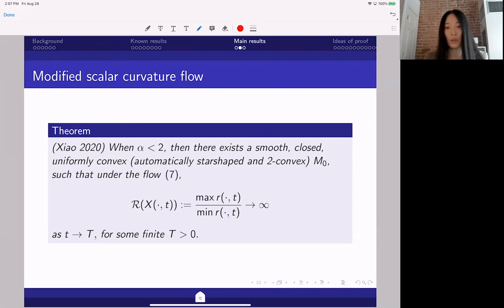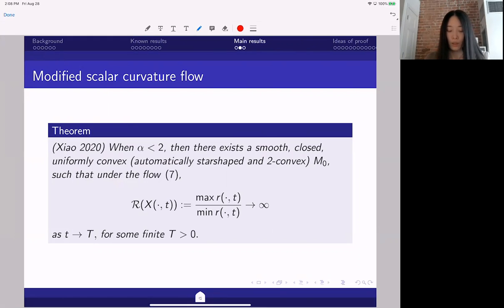We then show that starting from this type of initial surface, the max of the radius over the min of the radius goes to infinity in finite time, which means that in finite time this flow is going to pass the origin before it actually becomes a point, so it can't smoothly converge to a sphere.